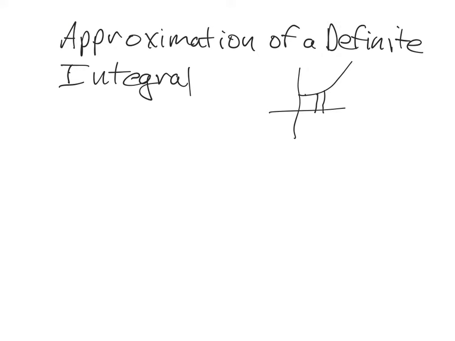Just to give you a curve here. And if we do this, maybe it's half a unit wide, well, our rectangles would look like that, where the trapezoid gets really, really close.